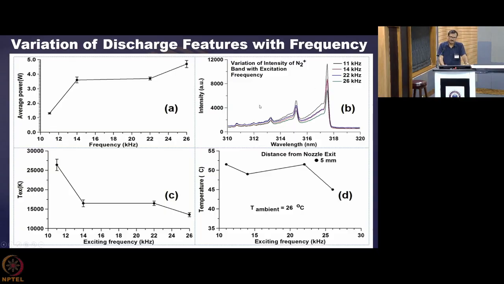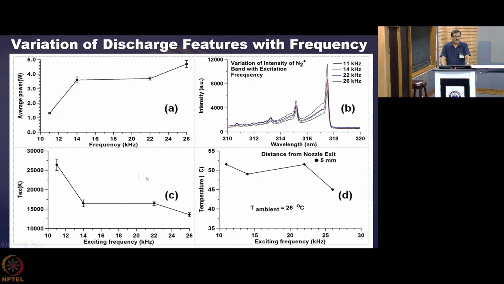in generating the plasma. So the interesting thing of this kind of generated plasma is that it has very high electron temperature, but gas temperature is very low, and that is bearable by the human cell. So this kind of plasma finds application in biomedical area because of the low gas temperature and high electron temperature.